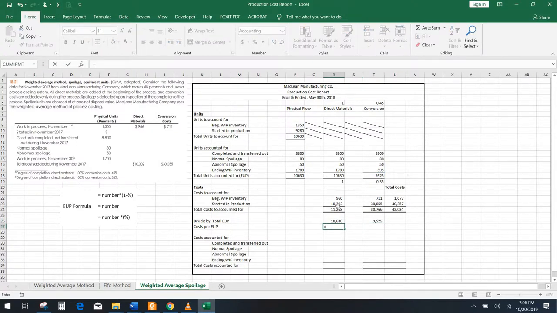Cost per EUP equals the cost divided by EUP. This equals cost divided by EUP. Now all we have to do is take the cost per EUP, multiply it times the EUP to get the numbers for each one of these. So that's cost per EUP multiplied times completed and transferred out. Cost per EUP multiplied times normal spoilage.